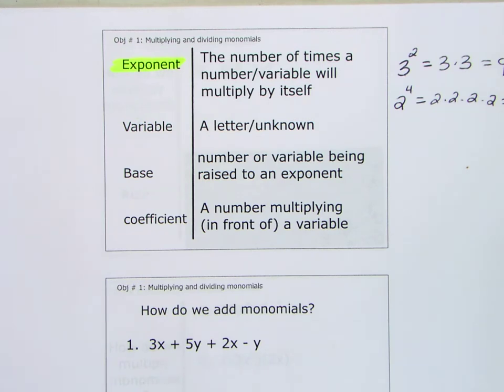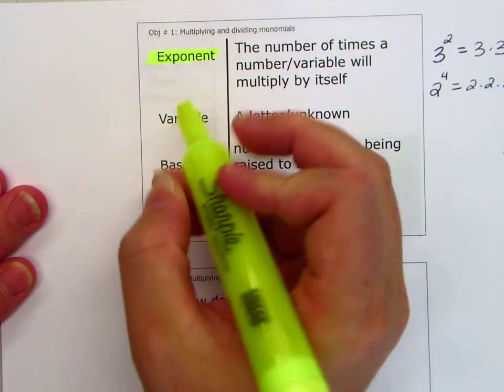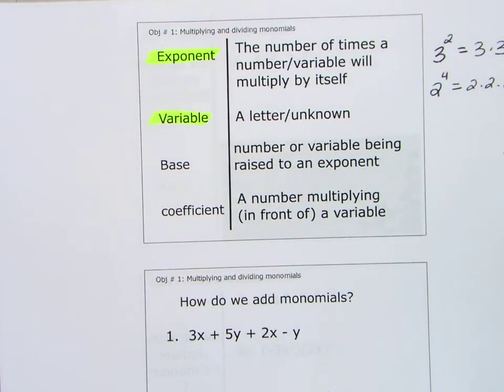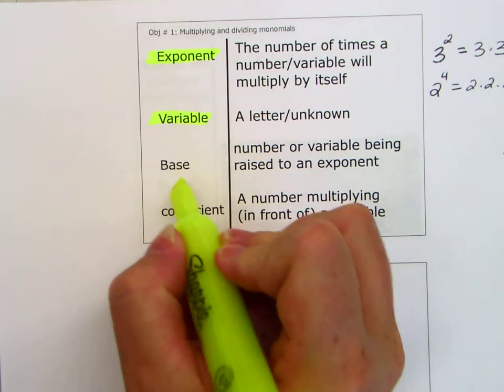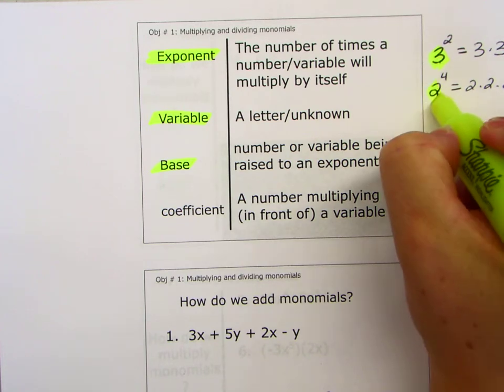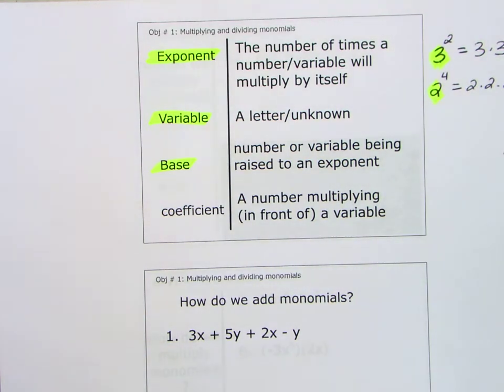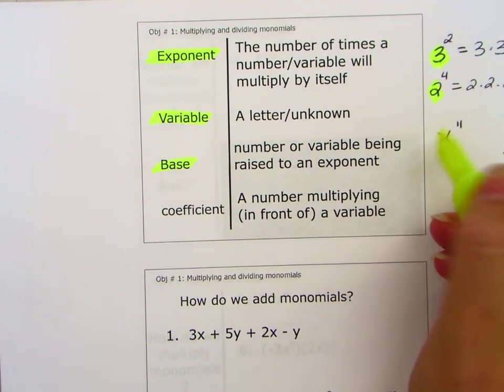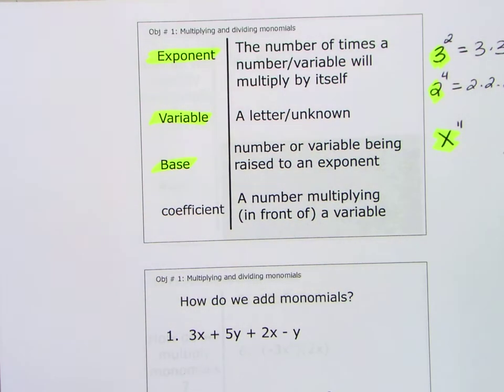A variable is just the letter or unknown. So your x, your y, your a, your b. The base is the number or variable being raised to the exponent. So over here the base was 3 and the base was 2. Right? If you have x to the 11th, the base is x. Okay?